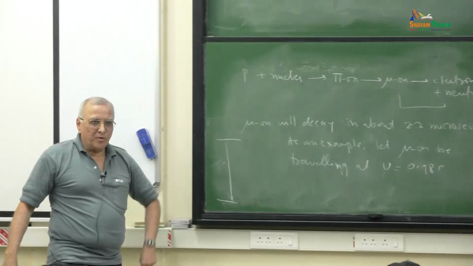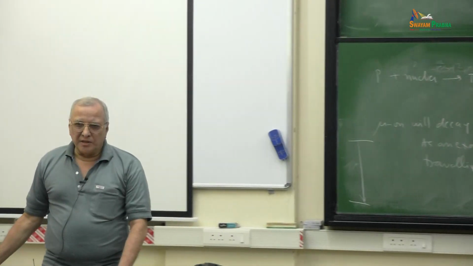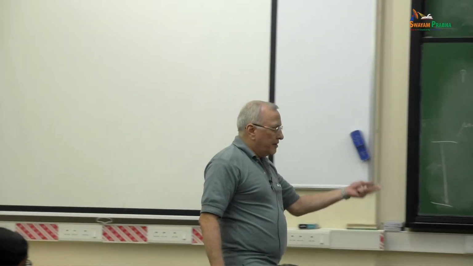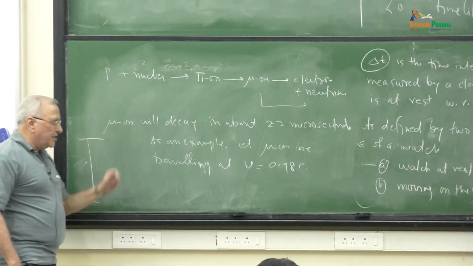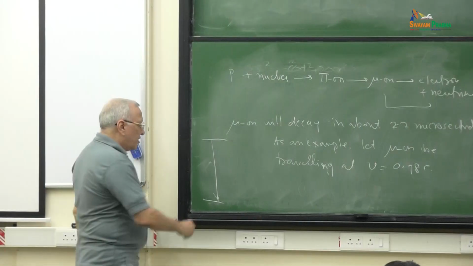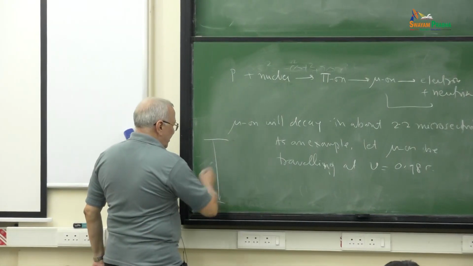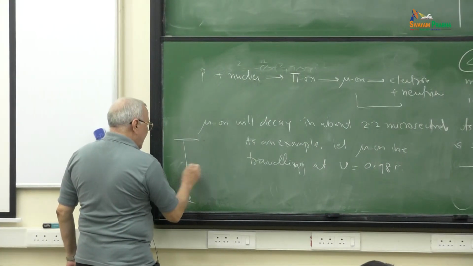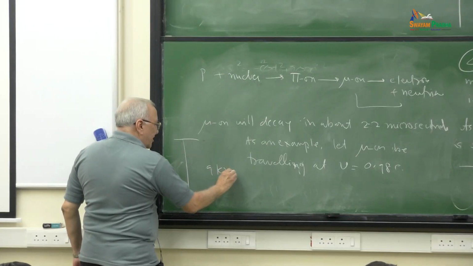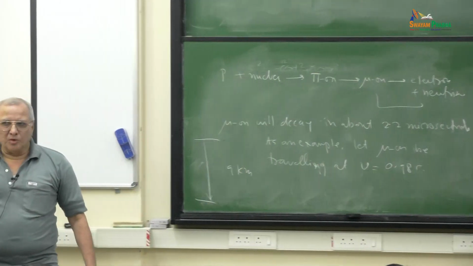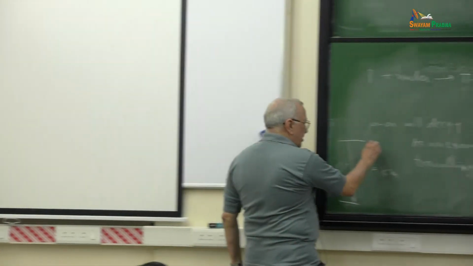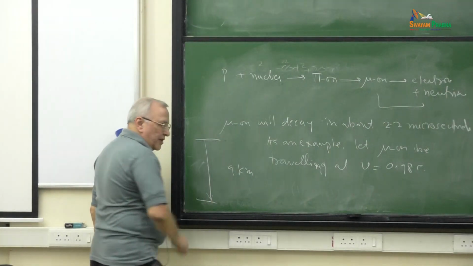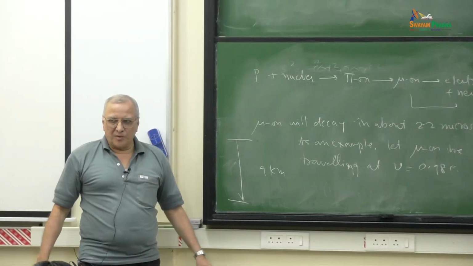In the actual experiment, which was done by Hall and Rossi in 1940, the values turned out to be about that much. Let us say this height is, say, 9 kilometers. In the real experiment it was only 2 kilometers, but here for illustration purposes I am taking these numbers. So, the muon is going to travel from here to there, a distance of about 9 kilometers.